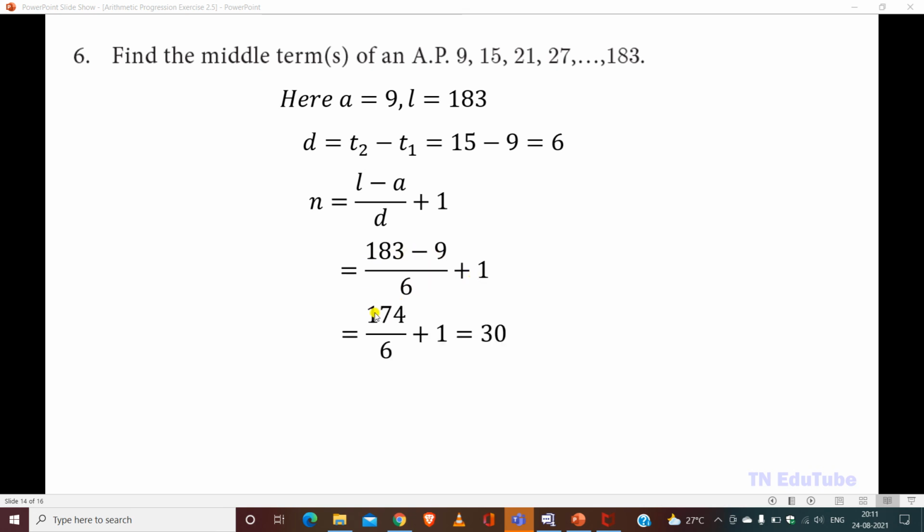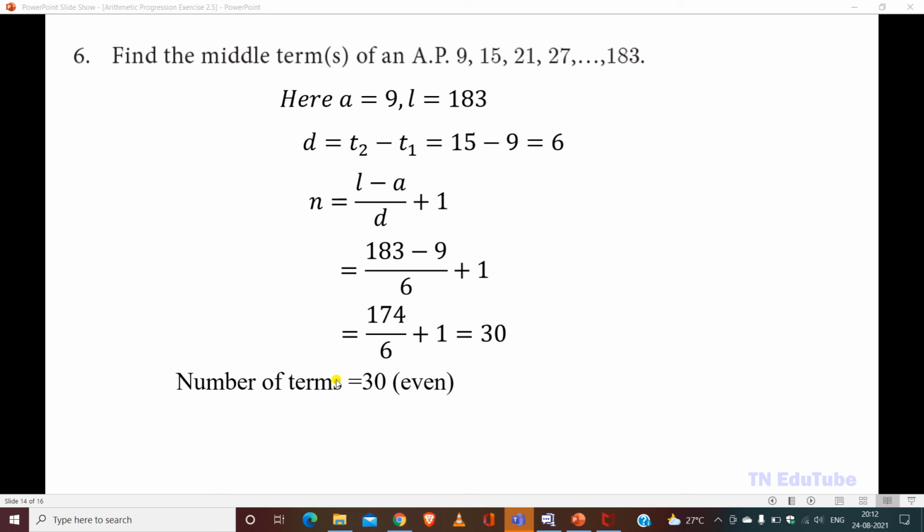When you subtract, you get 174 by 6 plus 1. 2 sixes are 12, then 5 balance 54. So 9 sixes are 54. So you get 29. 29 plus 1 is 30.